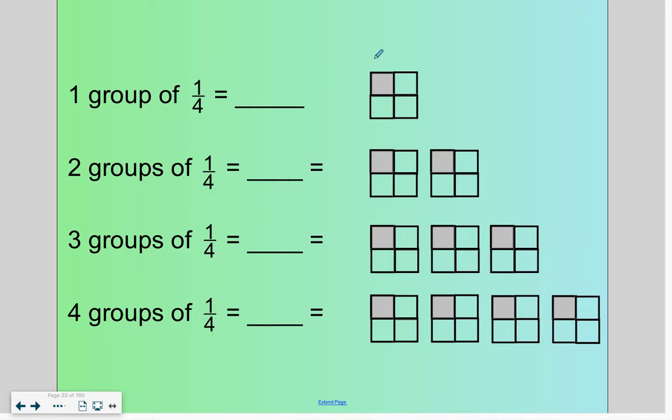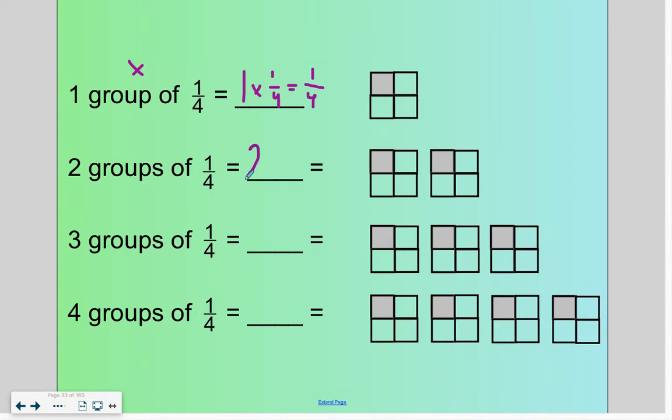One group of 1/4 is shown right here, where I have a square split into 4 pieces, and I have one of those 4 pieces shaded. That phrase, group of, means multiplication. So one group of 1/4 is the same as 1/4.